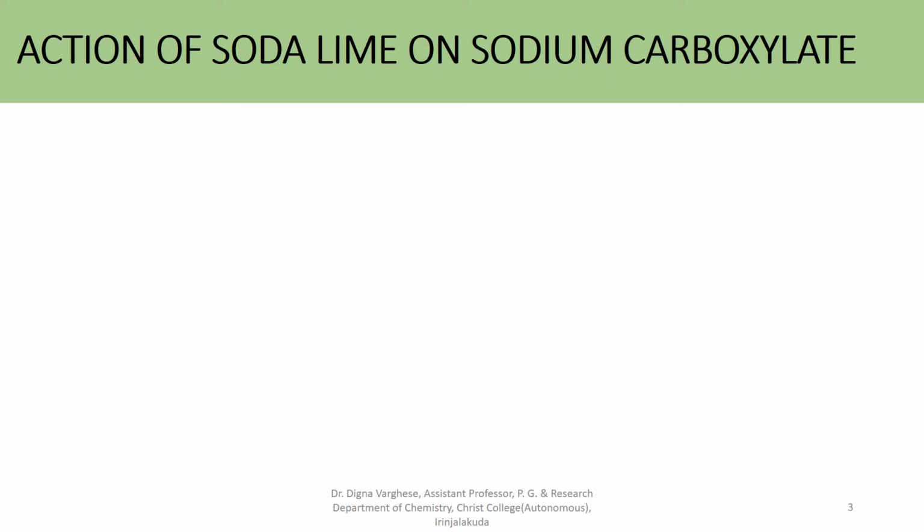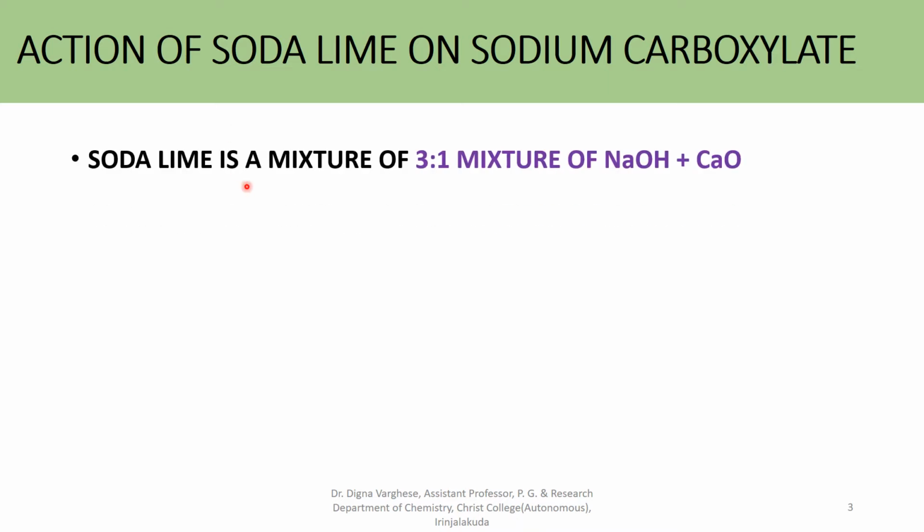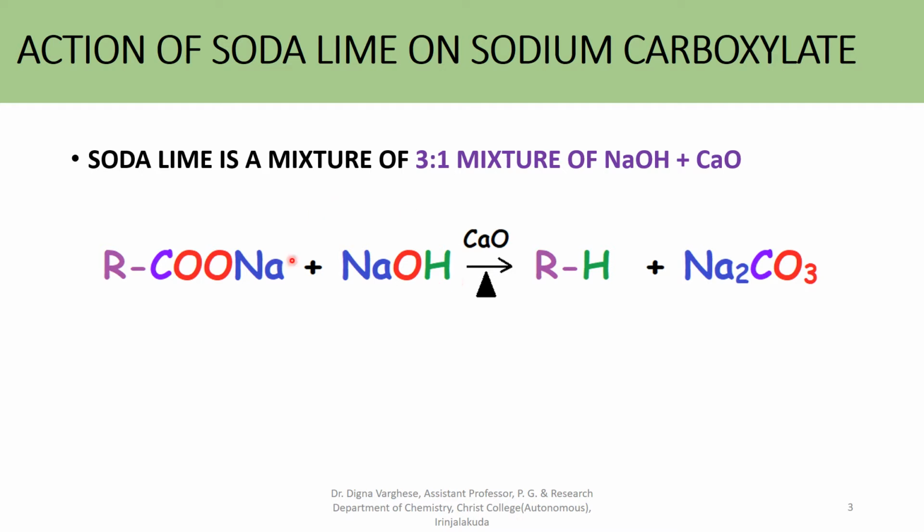The first reaction of carboxylic acid is the action of soda lime on sodium carboxylate. What is soda lime? Soda lime is a 3:1 mixture of sodium hydroxide and calcium oxide. Here you can see a general reaction for the action of soda lime on sodium carboxylate.